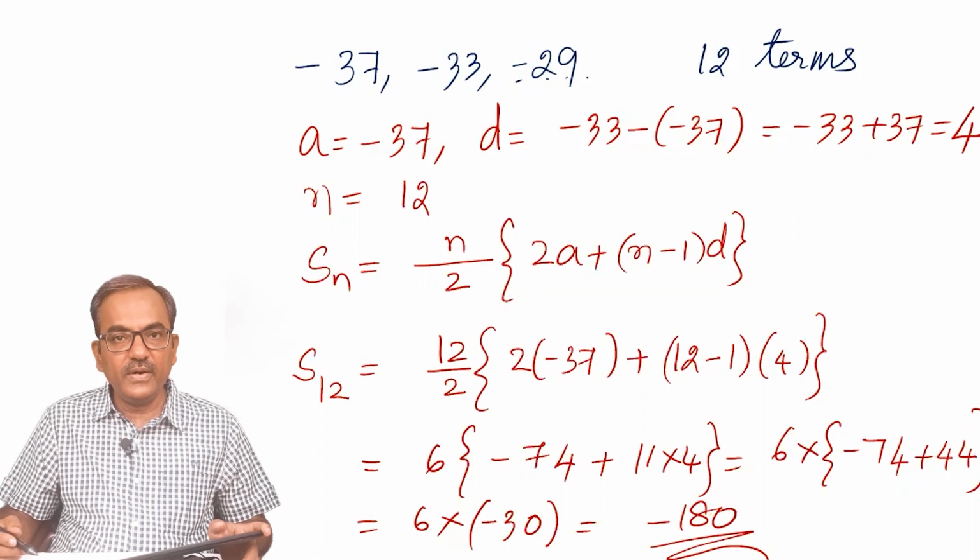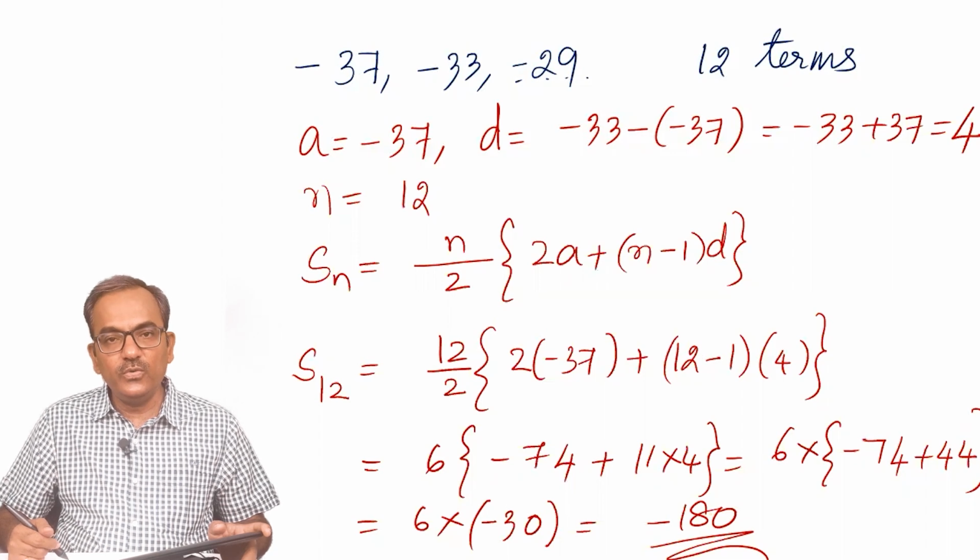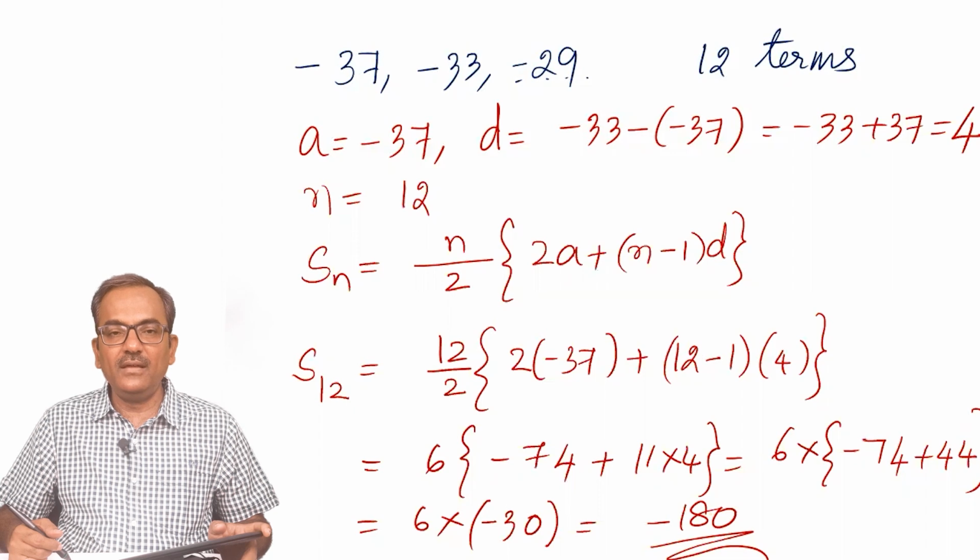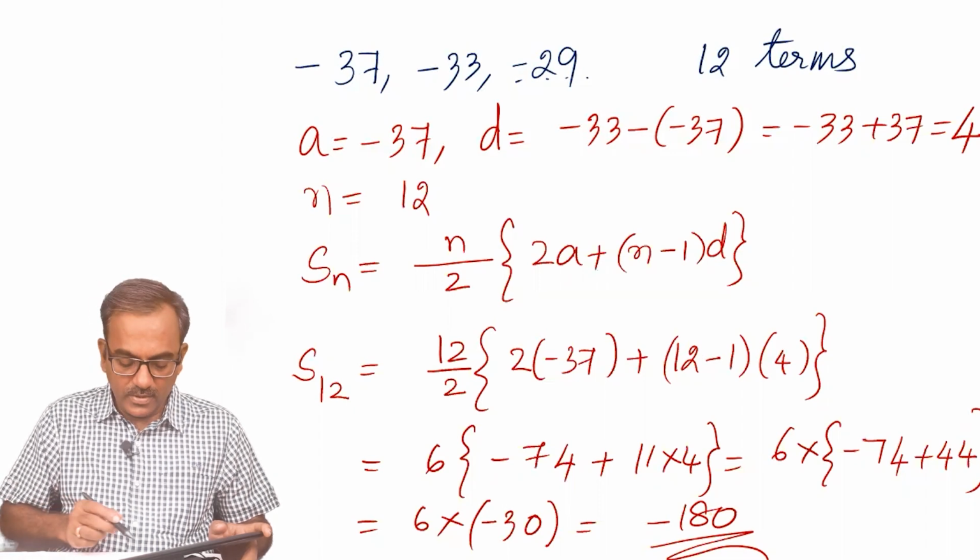The sum of the given terms of the AP will give you minus 180. Dear students, hope you have understood how to use a formula and how to substitute the values and finally to simplify to arrive at the solution. Now let us take up a new problem.